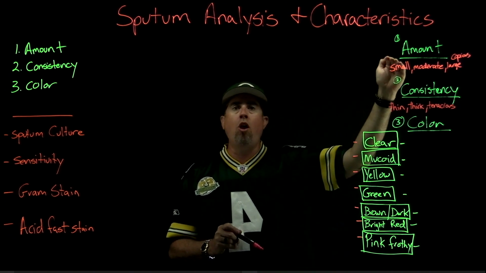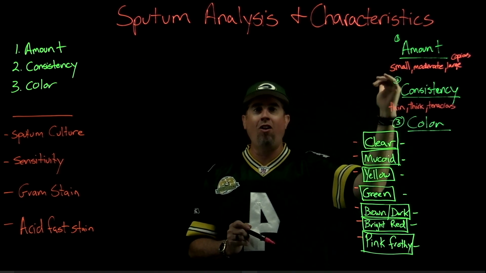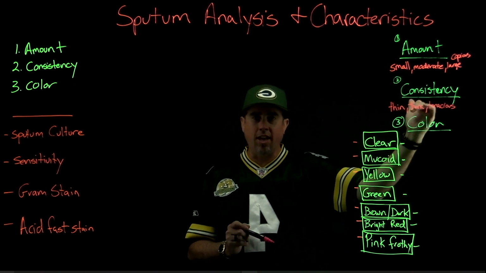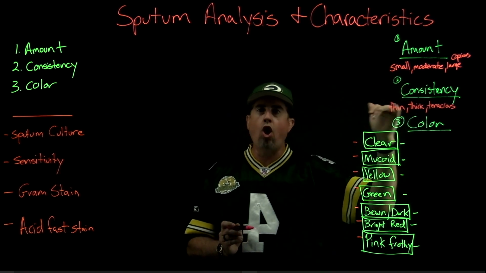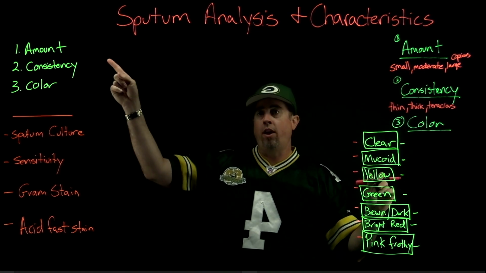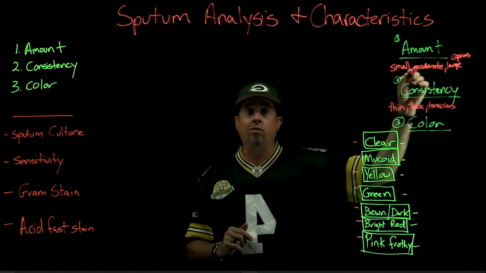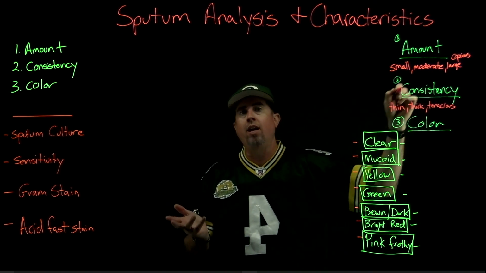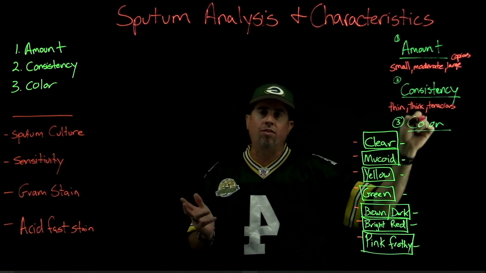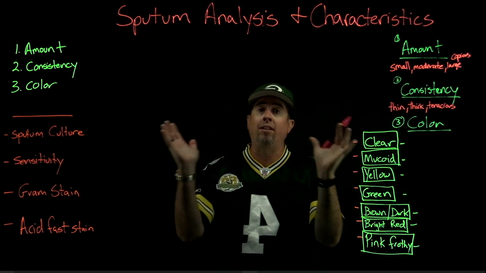Small, tenacious, or copious, thin, you get the picture. We want these three things: amount, consistency, and color. As we get more, maybe there's something going on. If it's thicker, if it's tenacious, if thin, all of it is telling us something about the picture we're trying to paint.